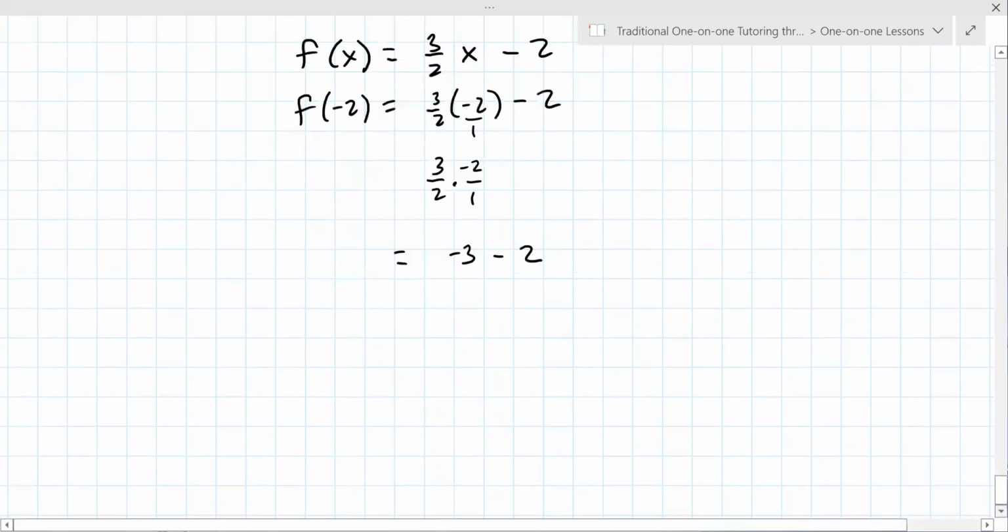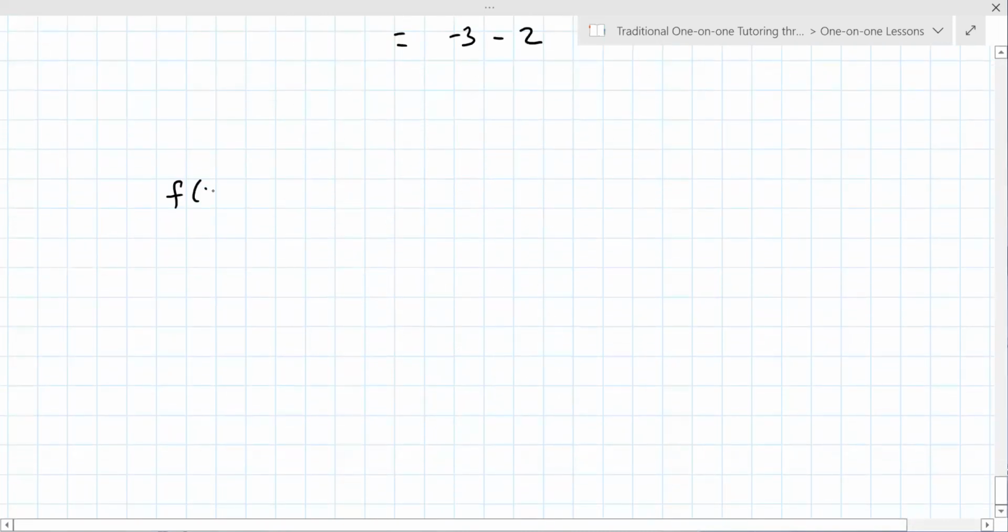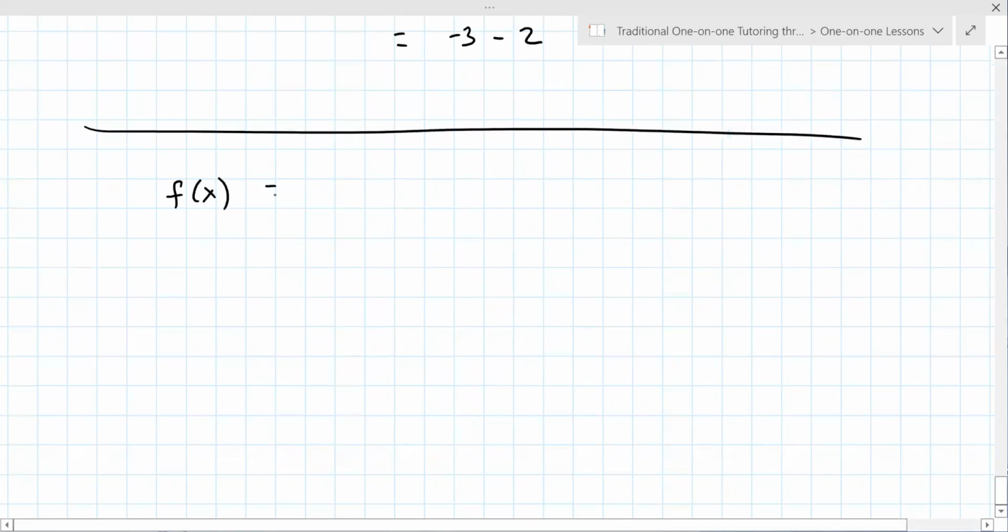Okay. So let me have you do kind of a related question here. Let me give you one. That one was tough. Let's say f of x equals 3/4 x minus 3. I want you to find f of -8 for me.